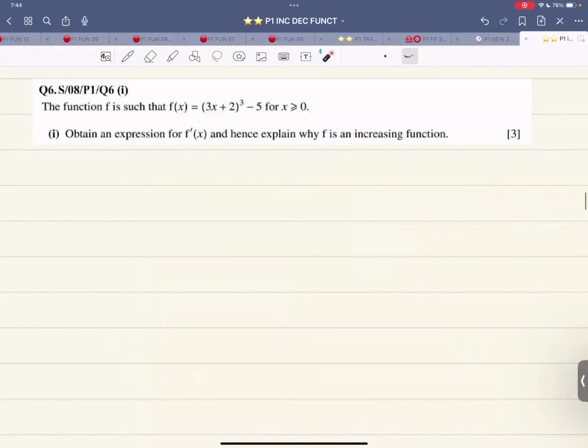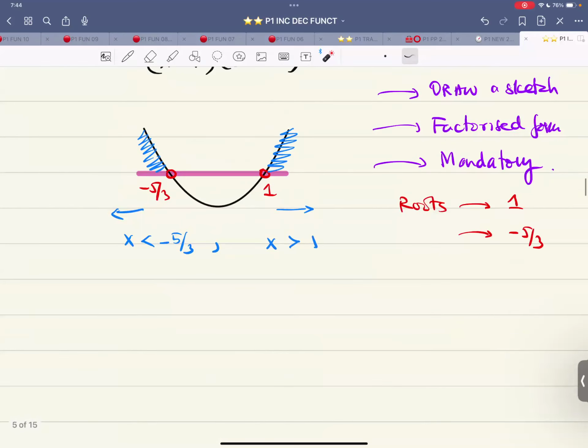Let's move on. Now I need to make you understand a concept known as PSAE, perfect square algebraic expression.